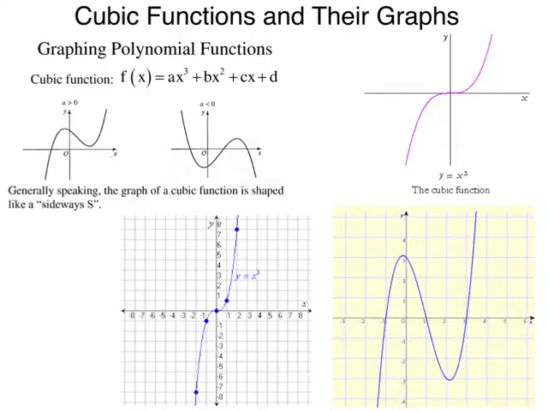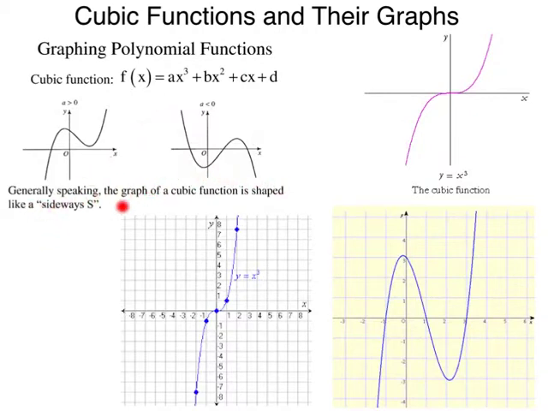Alright, cubic functions, the first term, the x is cubed. Now see this, if we had just this much, the bx squared plus cx plus d, that would be a quadratic function. But when you add in this other term, and it's the first term and the x is cubed, then it's going to be a cubic function.